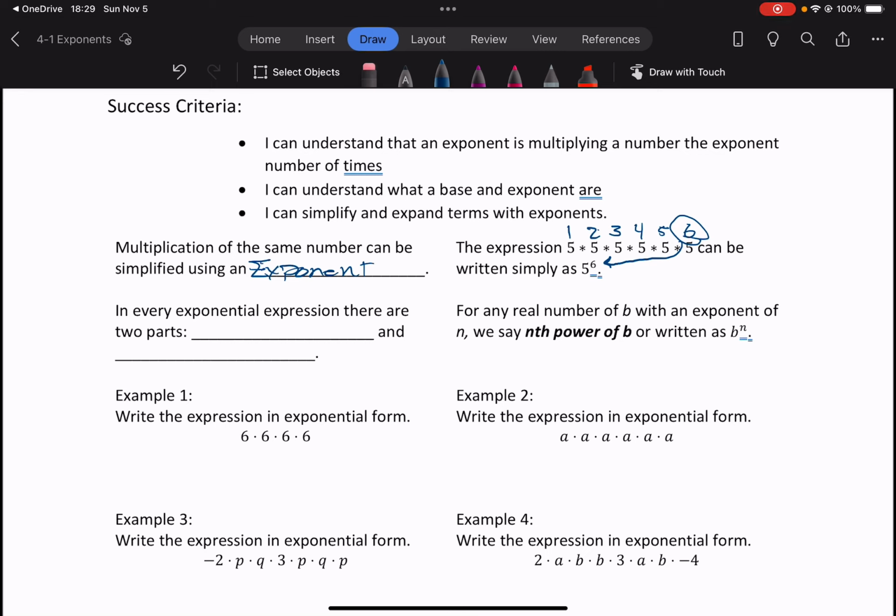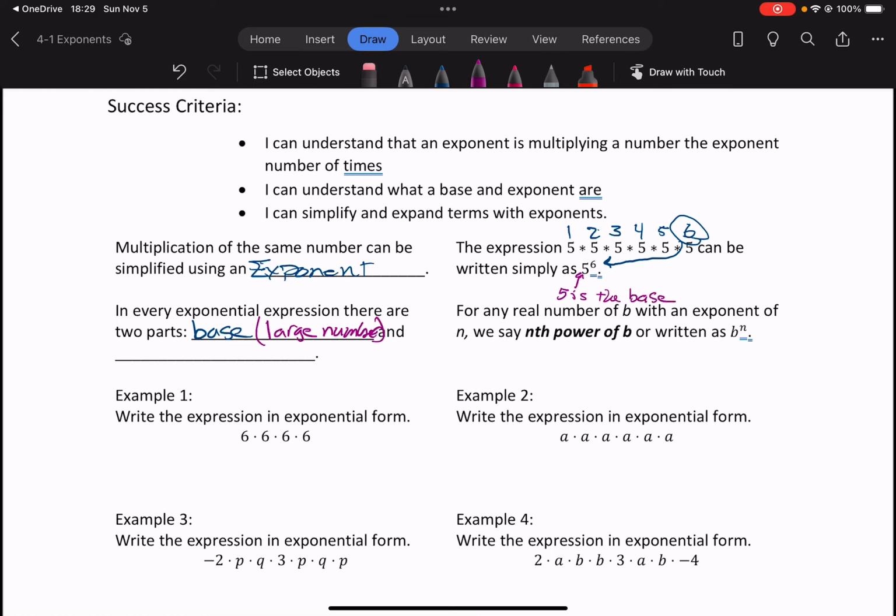Any type of expression, like 5 to the 6th power, has two parts. One part is the base. The base is just the large number, so the 5 here is my base. If I were to ask what's the base, you would say 5 is the base.